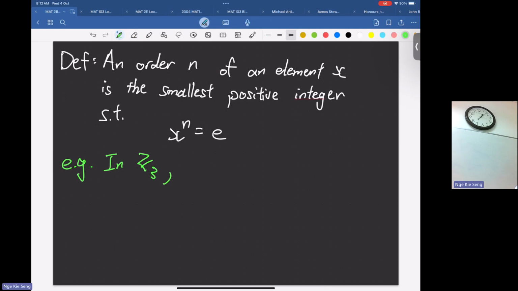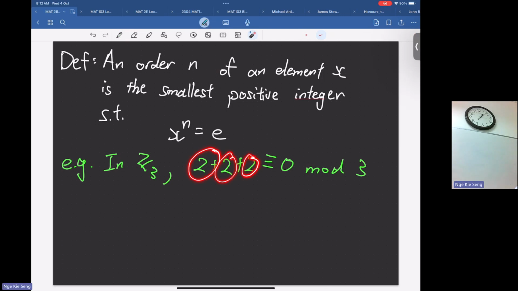What happens in Z3 is 2 plus 2 plus 2 equals 0 mod 3. So the order of 2 is 3 in the integers modulo 3.